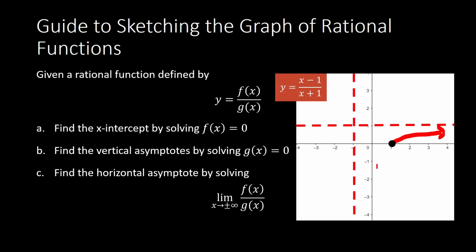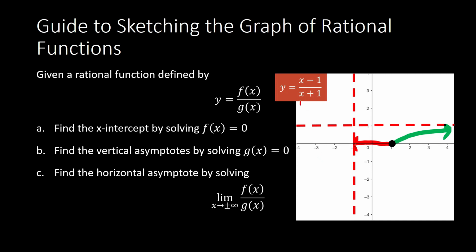Now, when x approaches negative 1, that is your vertical asymptote. As x approaches negative 1 from the right, that is a number that is greater than negative 1. It can be negative 0.9, negative 0.999.